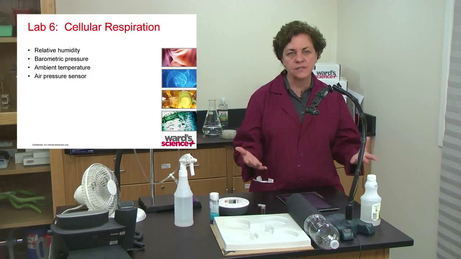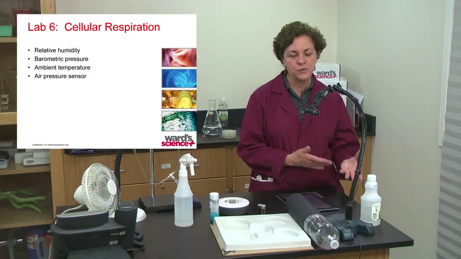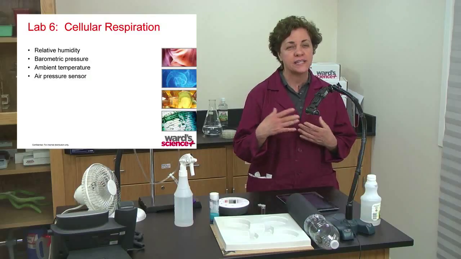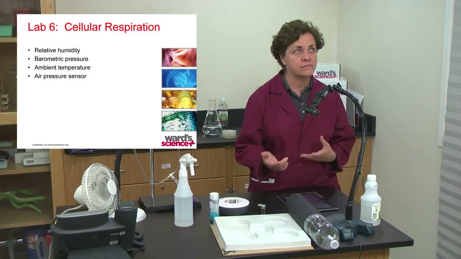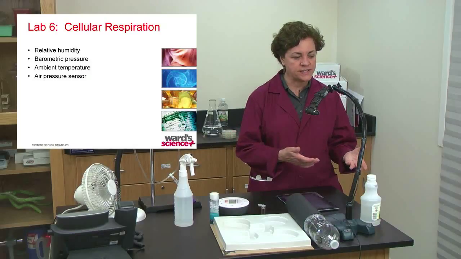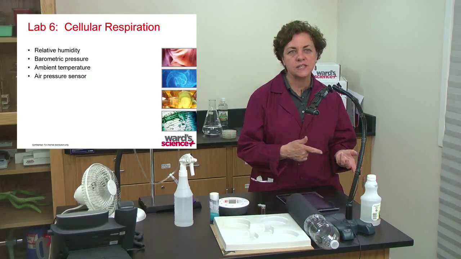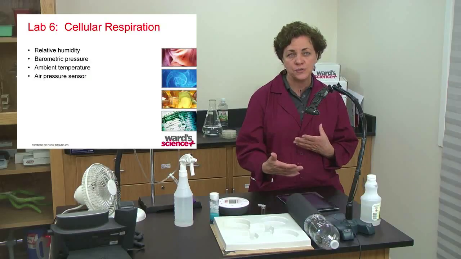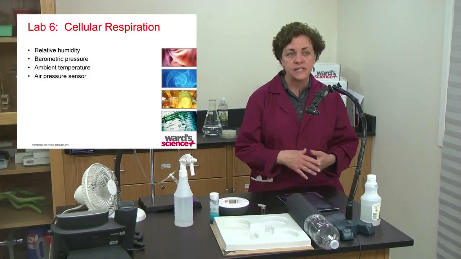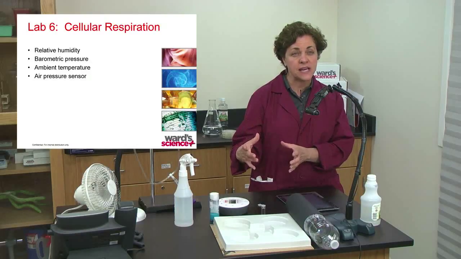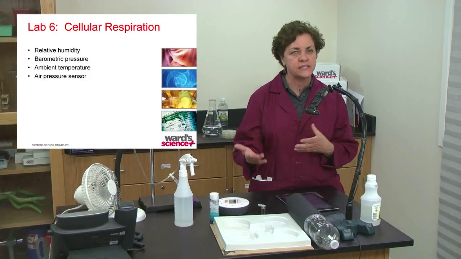You want to test the outside and compare it to the inside of the tube, because what you're usually looking for is a gas, oxygen decrease. That oxygen decrease is going to change the pressure inside the tube, and that's how you usually measure it. So it's good to know what the barometric pressure is outside from one class to the other in case you get different results.